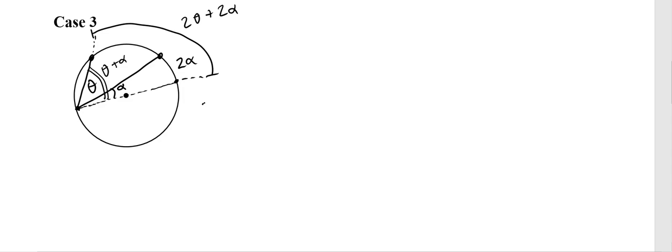Well, if I subtract those two arcs, the larger one minus the smaller one, I get the desired result, that this arc intercepted by the inscribed angle is 2 theta. So that proves the inscribed angle's measure is half of the arc it intercepts.